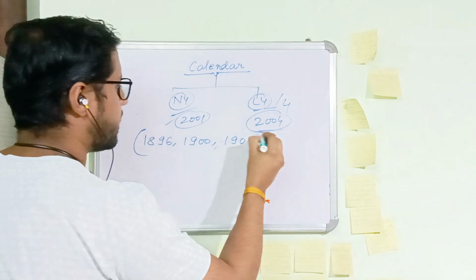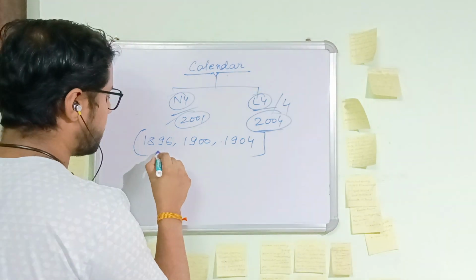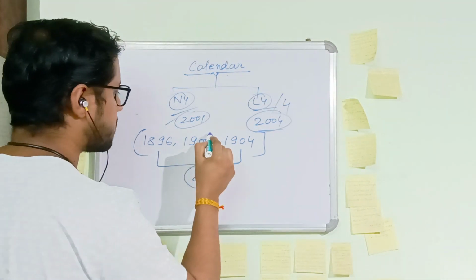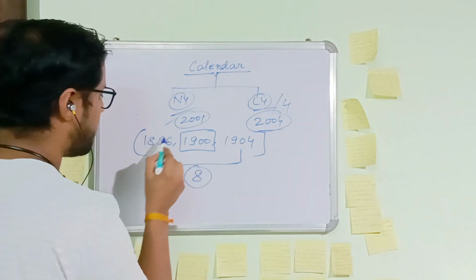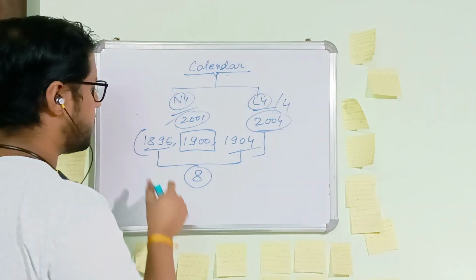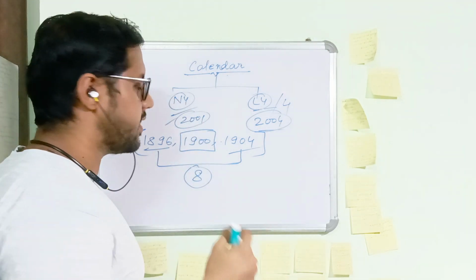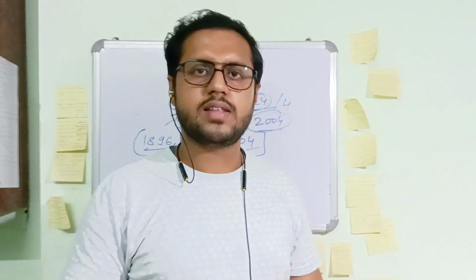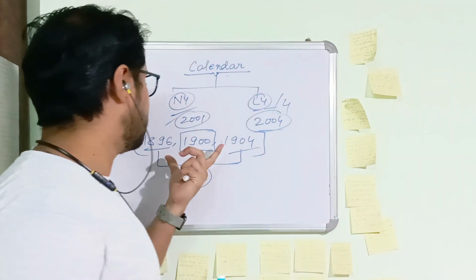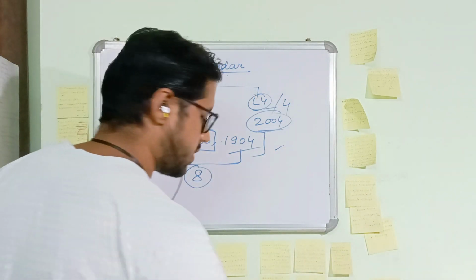In this case the leap year repeats after a gap of 8 years, because a century year comes in between 1896 and 1904. Clear? You can see there is a gap of 8 years between these leap years, but normally there is a leap year after every 4 years. This exception comes here. This is all about the exception.